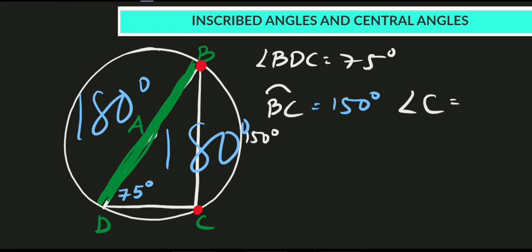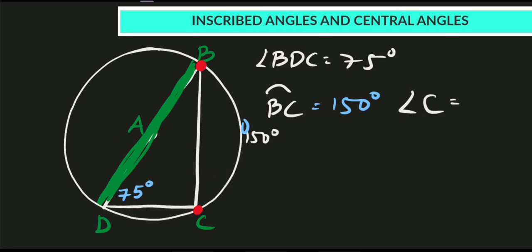To solve for angle C, we need to solve for angle B first. Angle B is an example of an inscribed angle.